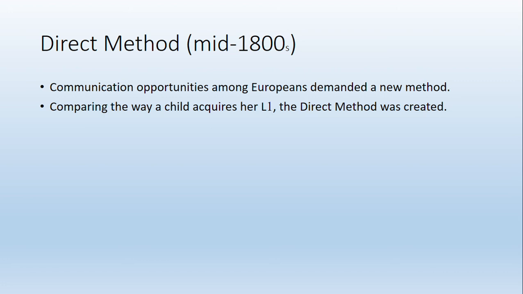But as we understand approach today, we could call it approach, a direct approach, because all the theories that lead the way this method should be taught, all the theories are related to how a child learns a language. So anyway, in the literature, you'll find it as direct method, not direct approach. But the theories are these: how a child learns.